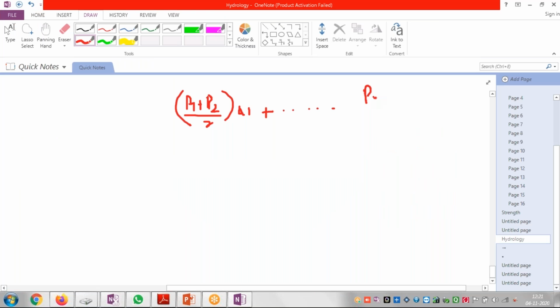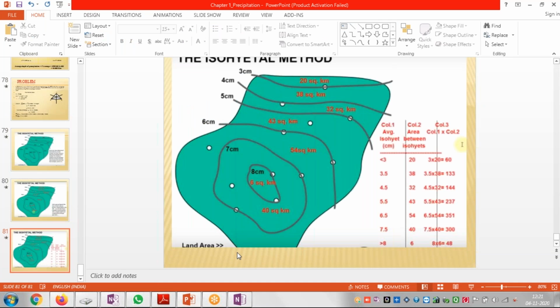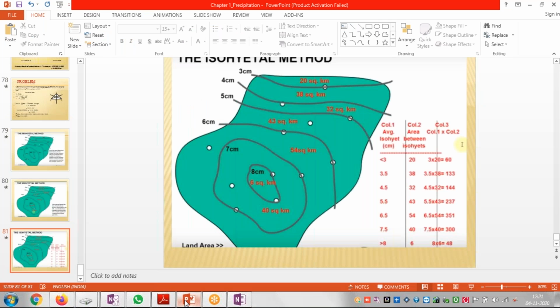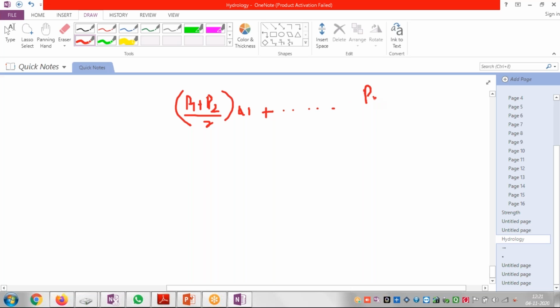So means P7, not 7, sorry. So we have almost 1 2 3 4 5 6 7, right? 7 means we will go up to P7 plus P8.